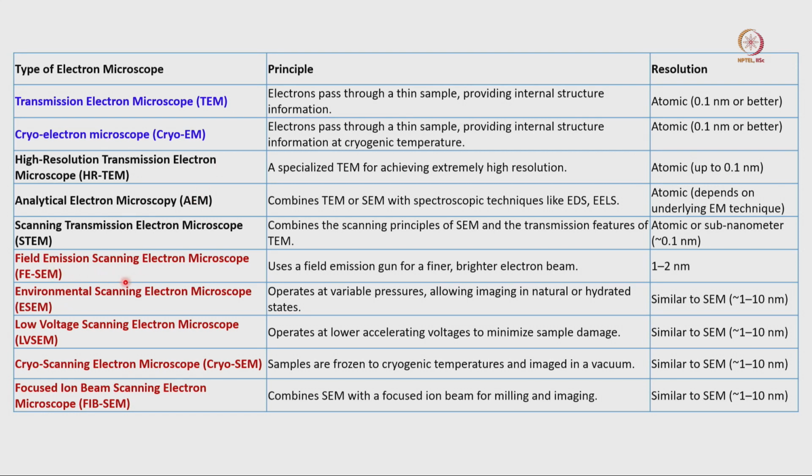Now scanning electron microscope can also be classified into different classes. So there is the room temperature normal scanning microscope. We will discuss a little bit about that room temperature scanning electron microscope also, but here you can see there are some classifications: the field emission operated scanning electron microscope, environmental scanning electron microscope, low voltage scanning electron microscope, the cryo scanning electron microscope.